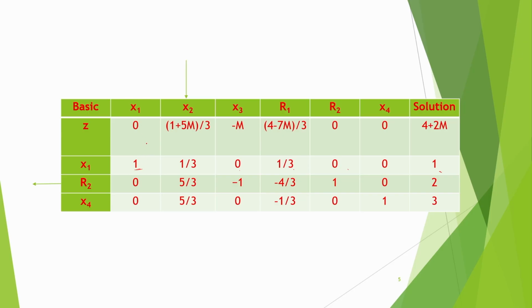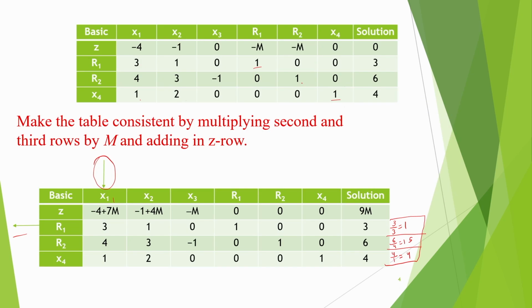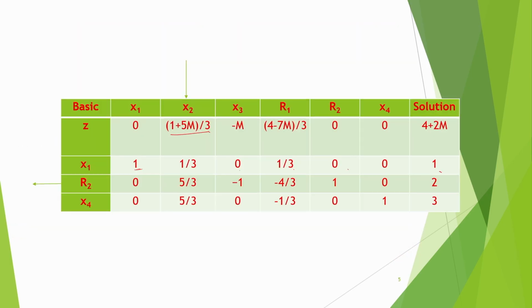If you do that, this becomes 0, and this will come 1 plus 5M by 3, by multiplying 1 by 3 with that quantity and then subtracting. Similarly, this will be minus M, this will be 0, this is 0, and this is 4 plus 2M. And you do the same thing in the other rows.